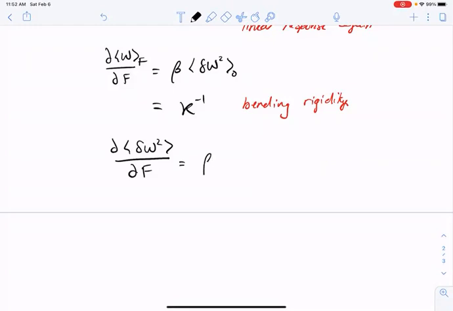And that is going to be given by how the fluctuations in the curvature cubed occur in the absence of the force. Provided these are evaluated at zero.